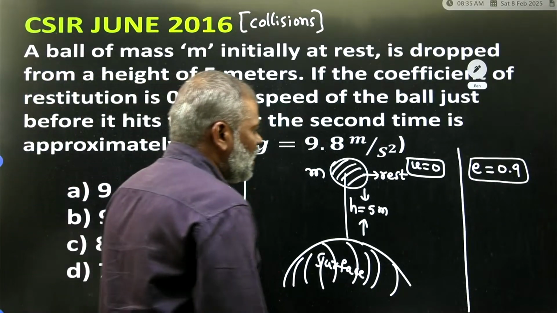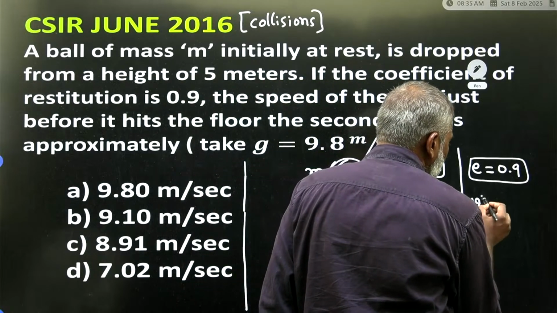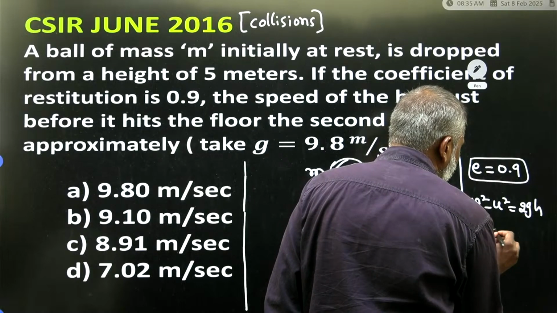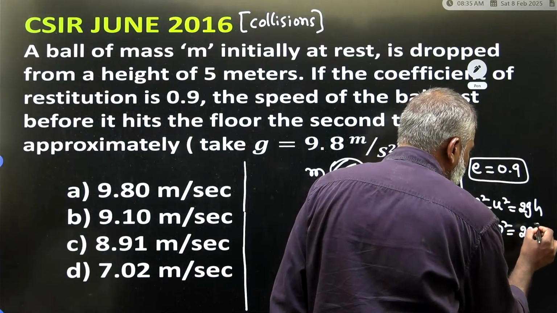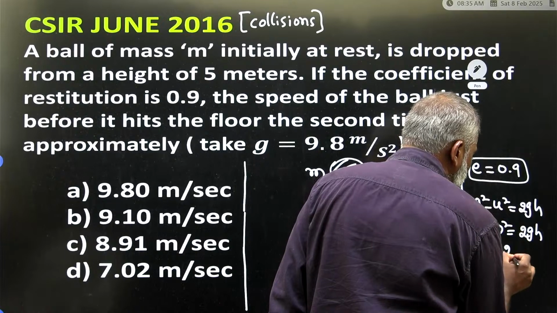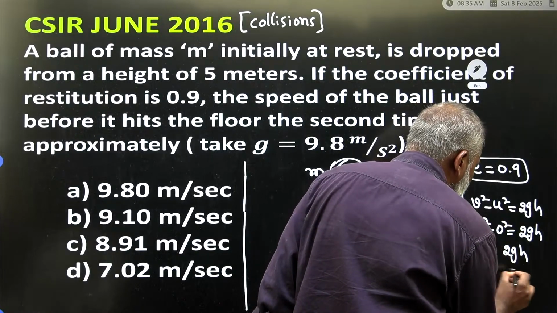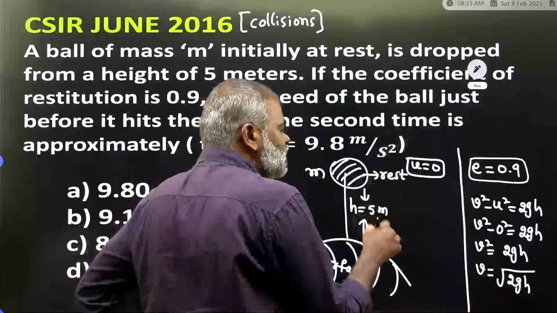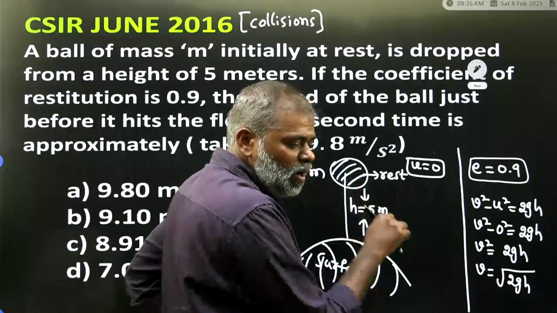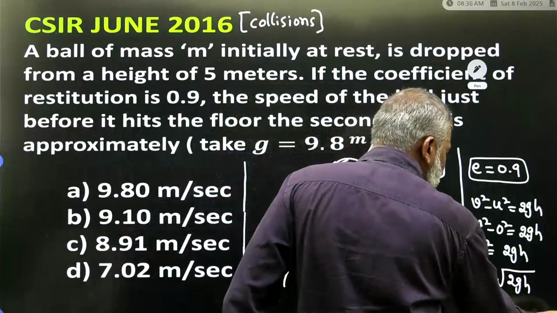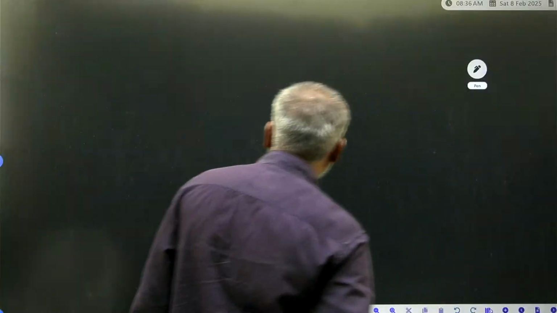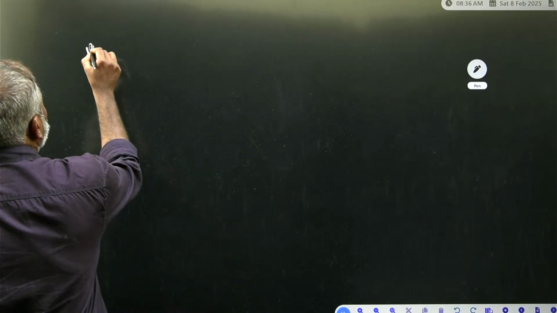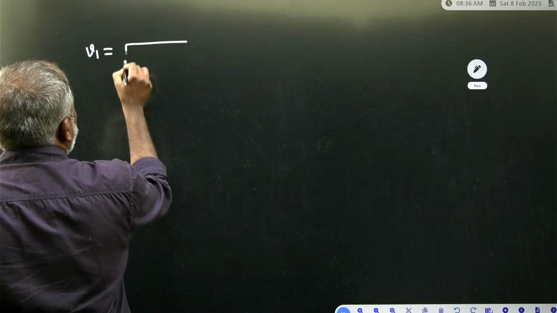First you have to take one kinematic equation, v square minus u square is equal to 2gh. Since u is 0, v square is equal to 2gh, therefore v is equal to square root of 2gh. This velocity is the first velocity when the ball hits the surface, so we call it v1 is equal to square root of 2gh.